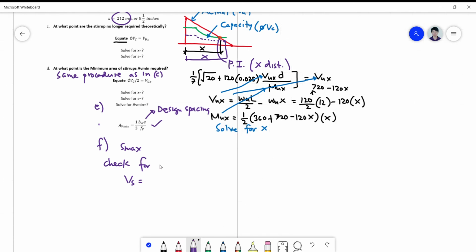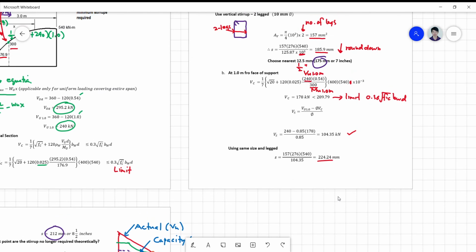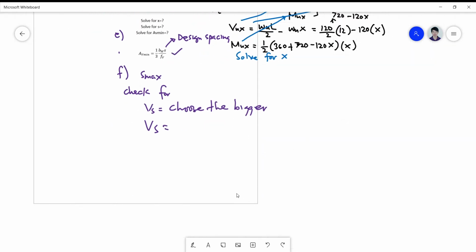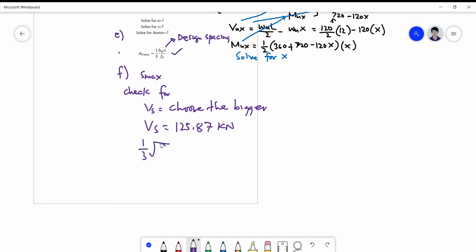Okay, check for VS using, okay, choose the bigger because that's more critical, and the VS that is bigger is 125.87. Okay, and then compare it to 1/3 square root of F prime C BWD.